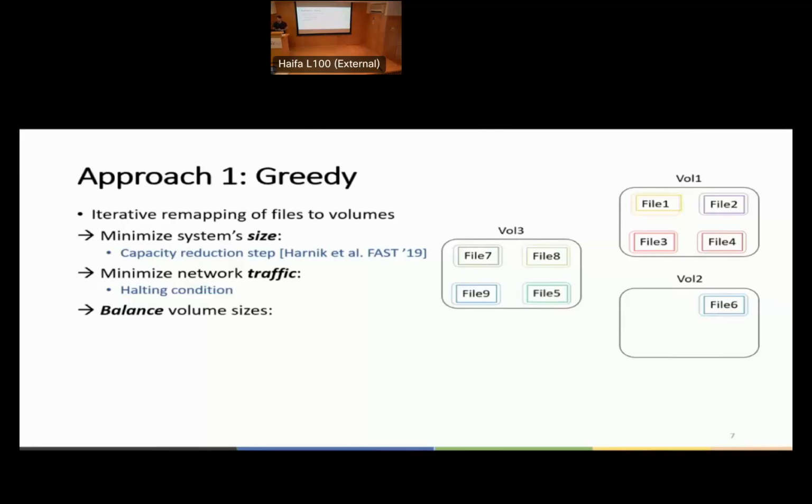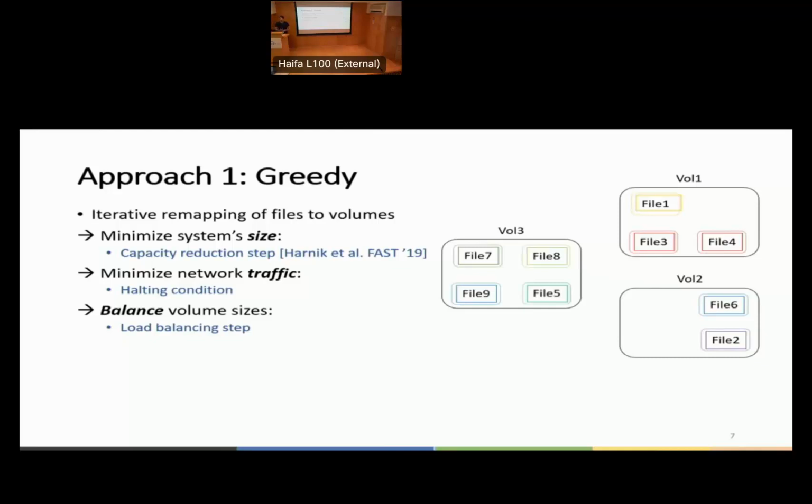The third and last goal is the balance between the volume sizes, and this is done by another step called the load balancing step. This load balancing step takes place in between other capacity reduction steps, and the main purpose of it is to take a single file from a very large volume and move it into a small volume in order to balance the system size and prevent it from having the entire files on the same volume.